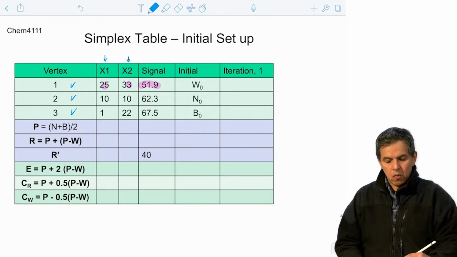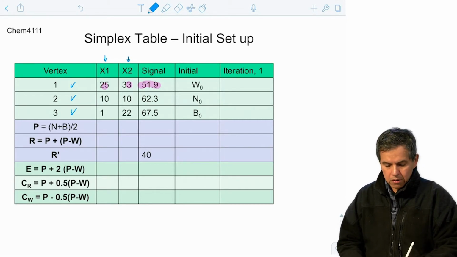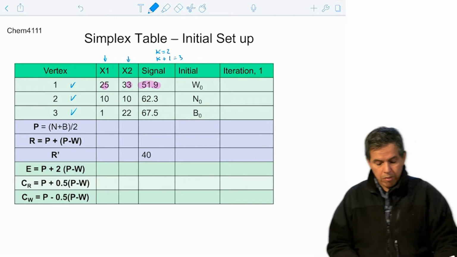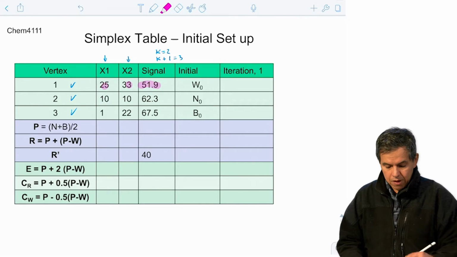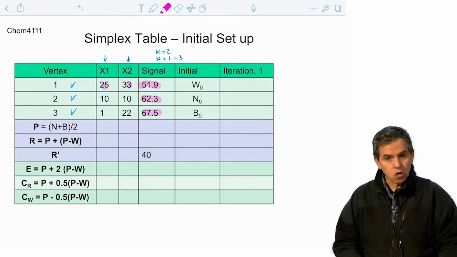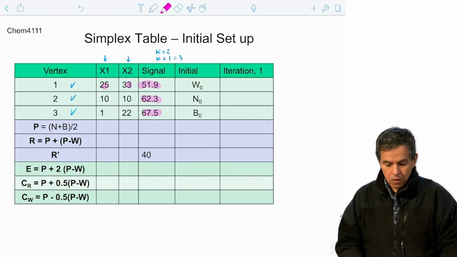Since in this example we had 2 parameters, so k equals 2, the number of initial measurements that need to be made is going to be k plus 1 equals 3. These 3 measurements gave the readings 51.9, 62.3, and 67.5. These are absorbance readings, as we mentioned before.